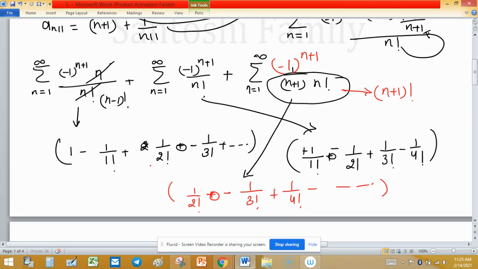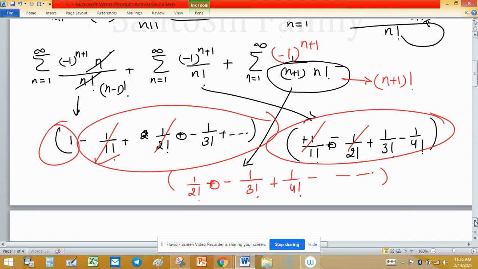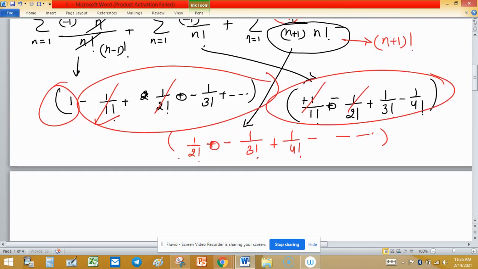So you can see here this is negative and this is positive, this is positive and this is negative. So all these terms cancel out by this term. Only the first term will remain here and this one also.